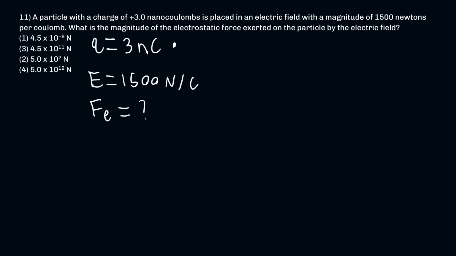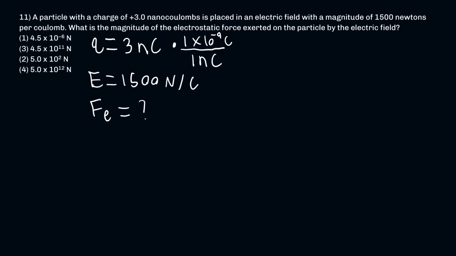So we're going to put on the bottom here 1 nanocoulomb. And based on the prefix for nano, that is going to tell us how many coulombs are in 1 nanocoulomb. It says there on the reference table, nano is 10 to the negative 9th. So essentially, 1 times 10 to the negative 9th coulombs are in 1 nanocoulomb.